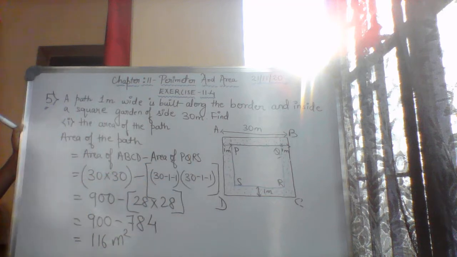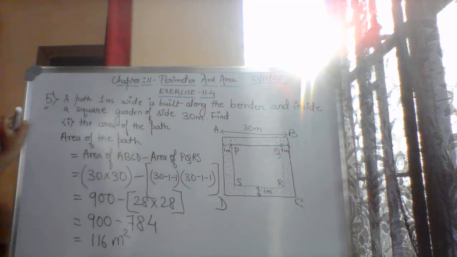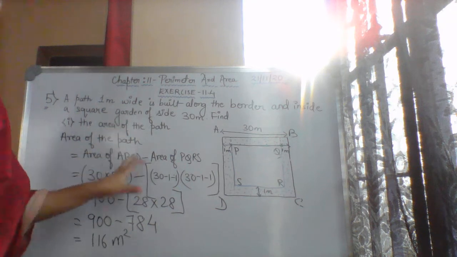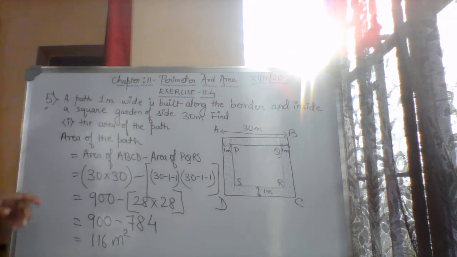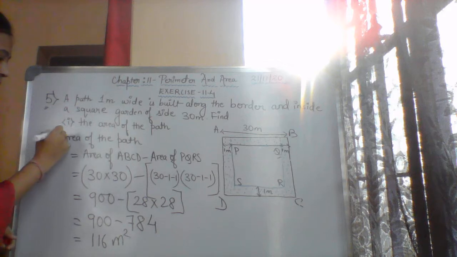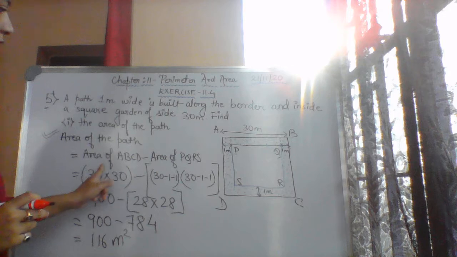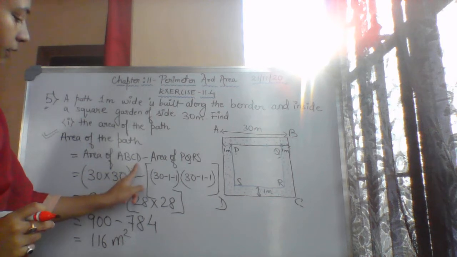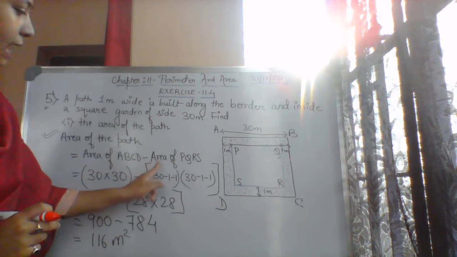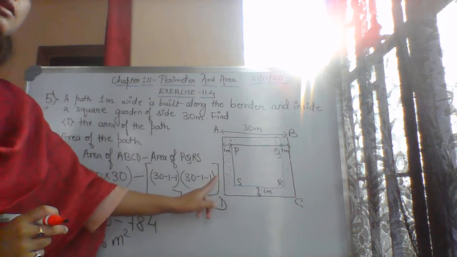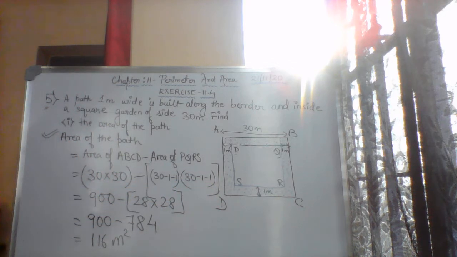Then you put the values. That also you can do. The process may be different, but this is the main concept, the main step. Area of the path equals area of the garden minus area of the garden without path. You can write that also. Writing may be different, but the concept is the same.